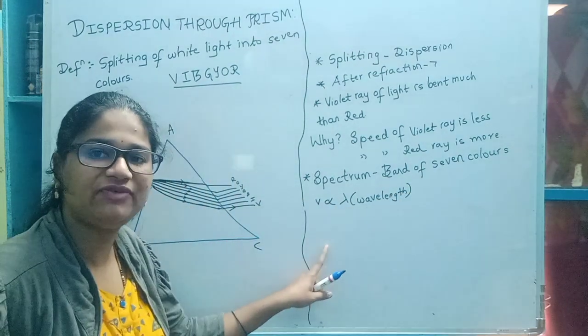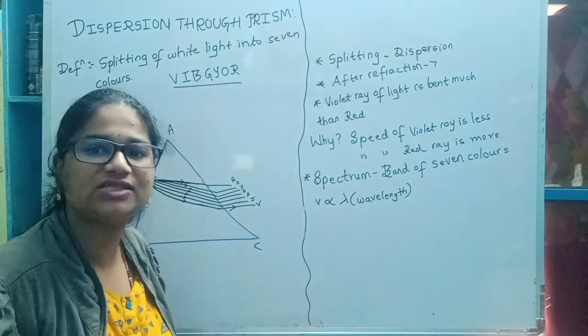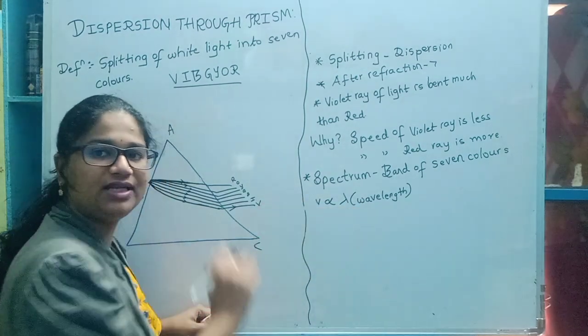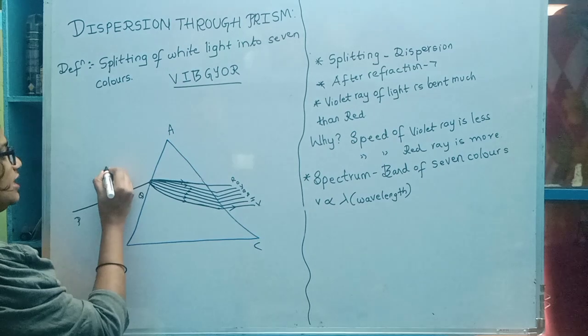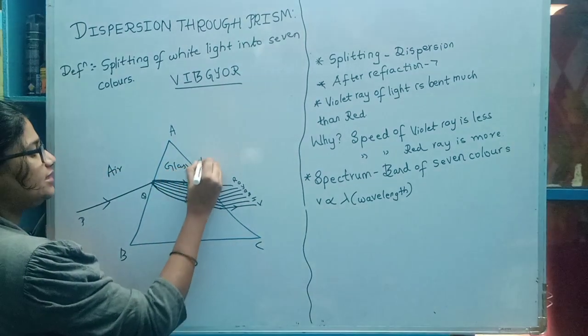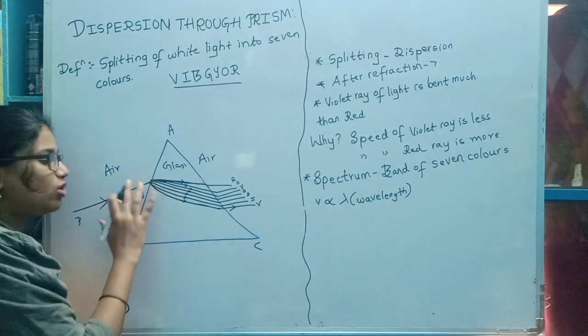So what do you mean by wavelength? The length of a wave of a light ray is termed wavelength, which is directly proportional to the speed of the light. Why? Because here air is there, here glass is there, and again here air is there. So here the medium suddenly changes for the light.